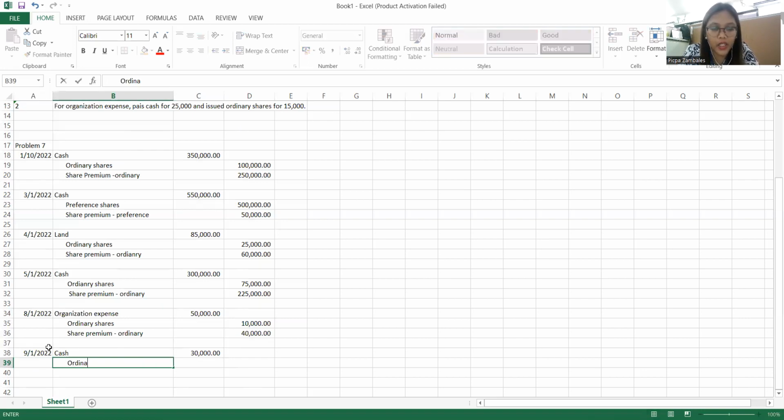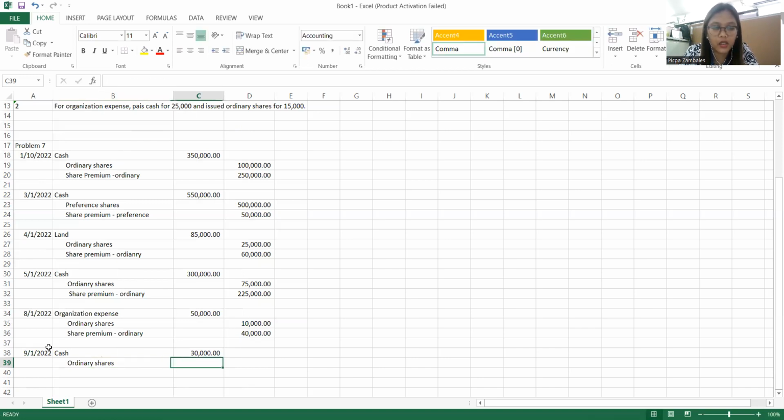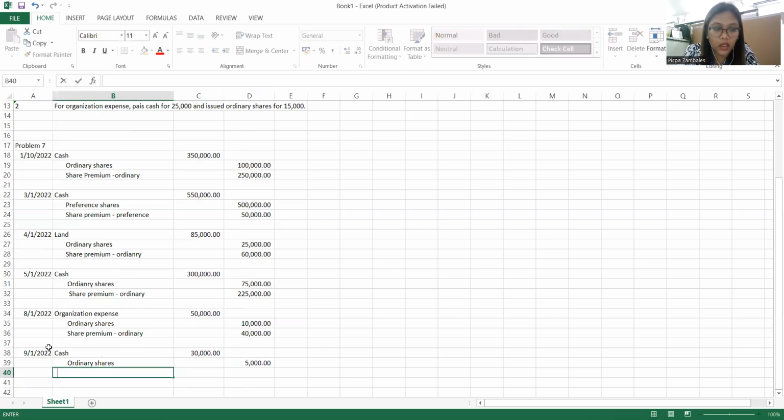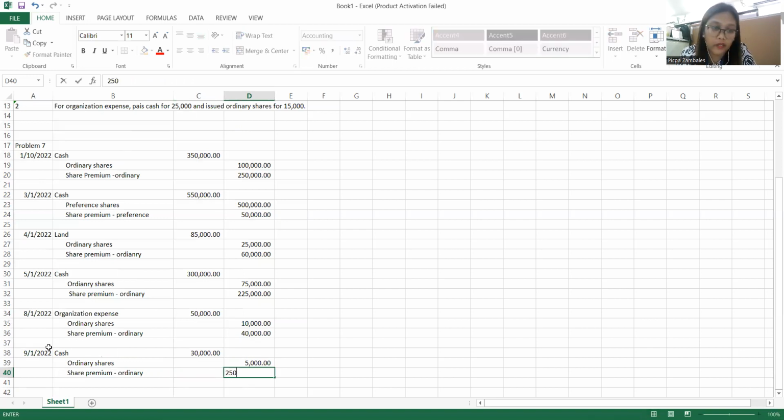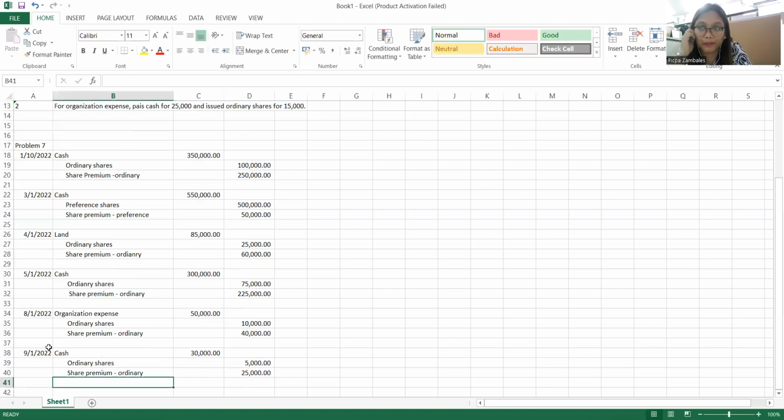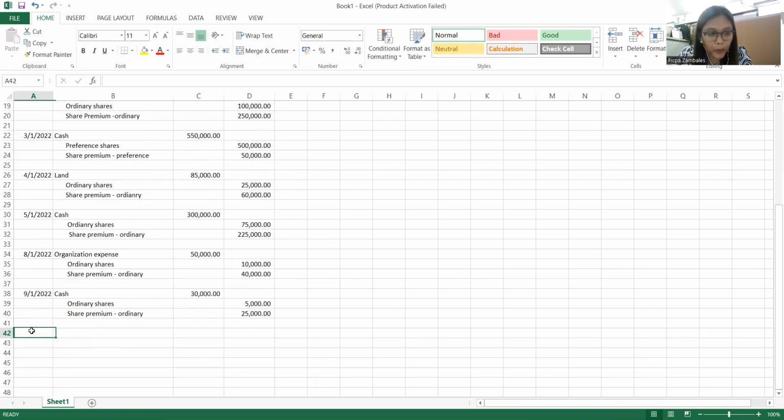Then ordinary shares, 500 times 10, and share premium ordinary. It's 75,000. Okay, so that's it. And last on our problem is on November 1.